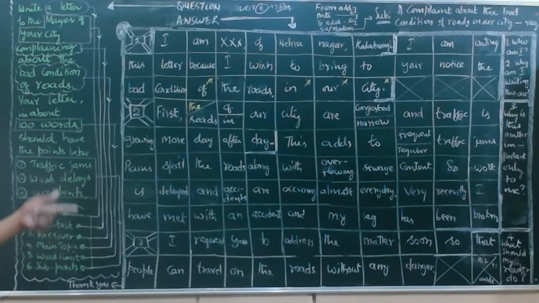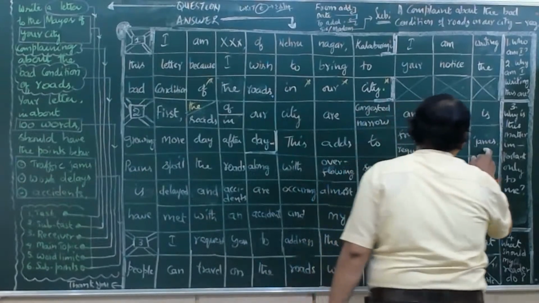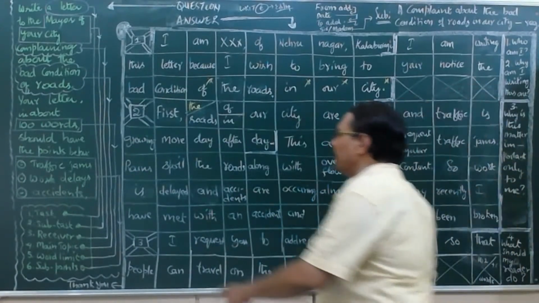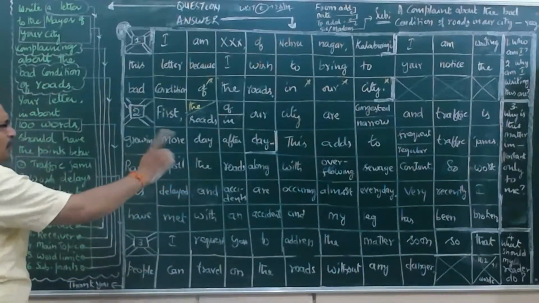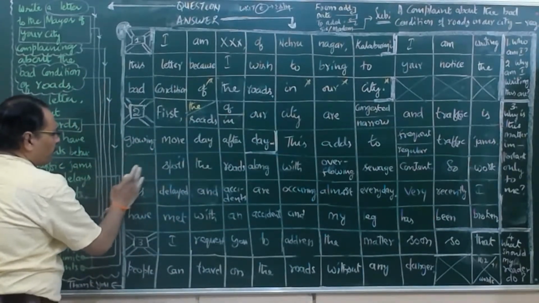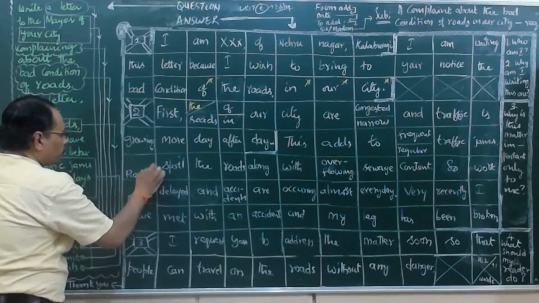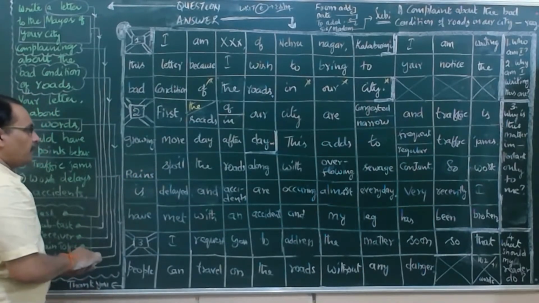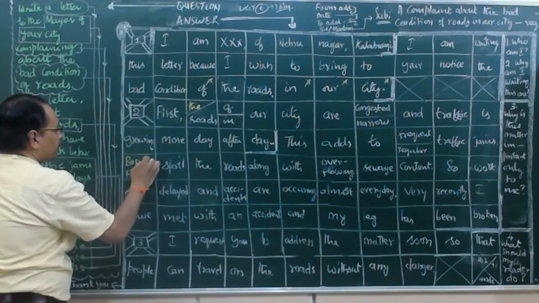Rains spoil the roads. There is no connection between this adds to frequent traffic jams and rains spoil the roads along with overflowing and all. There is no connection. Suddenly I have written. From where rains have come, it appears. Therefore, we need to use what is called the correct linker. Linker is besides.